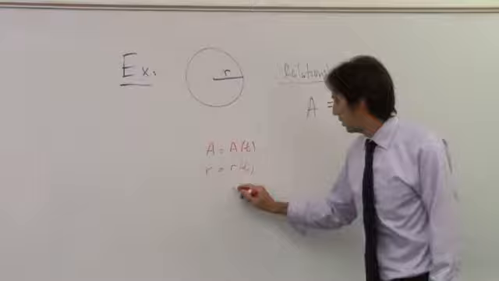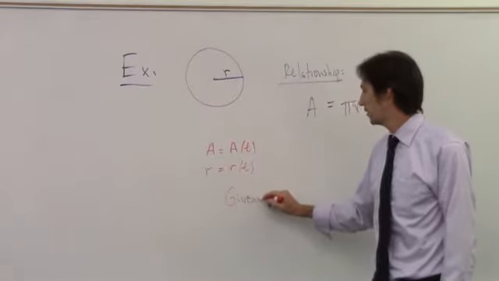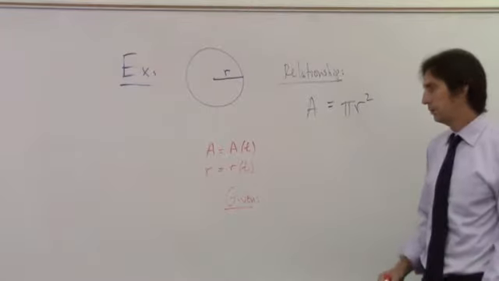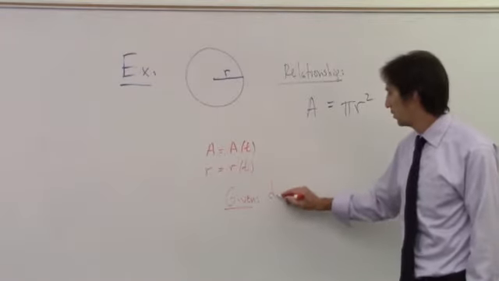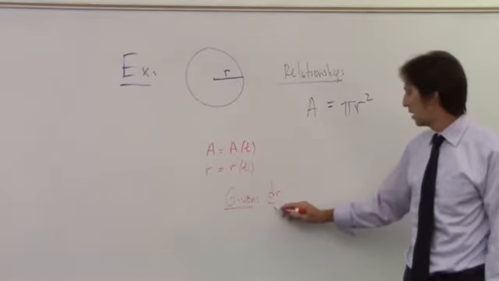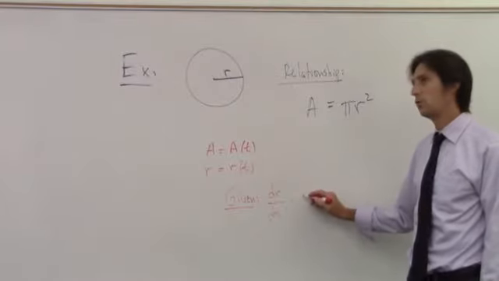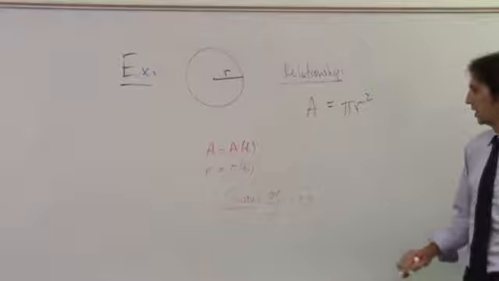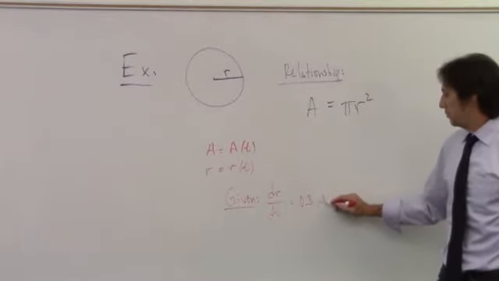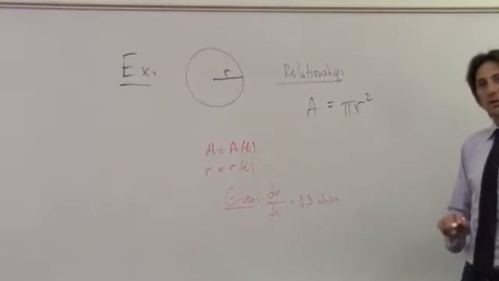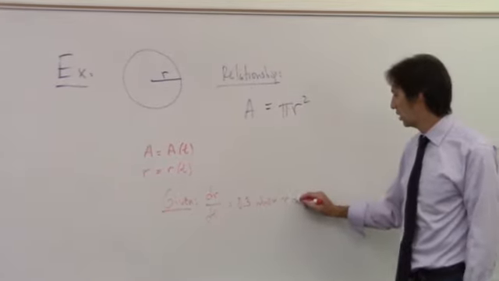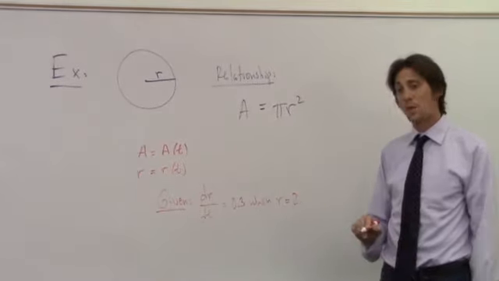In this question, the information that we're given is the rate at which the radius is changing. In particular, the problem tells us that dr/dt is equal to 0.3 kilometers per day. We're told that the radius is changing at this rate at the moment when r itself is 2 kilometers.